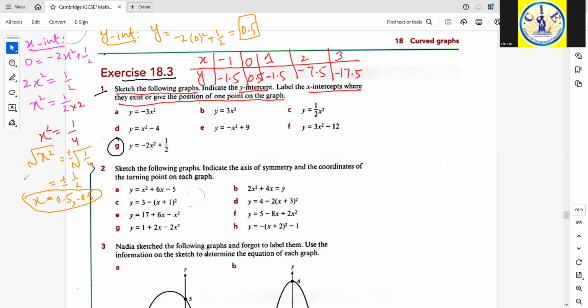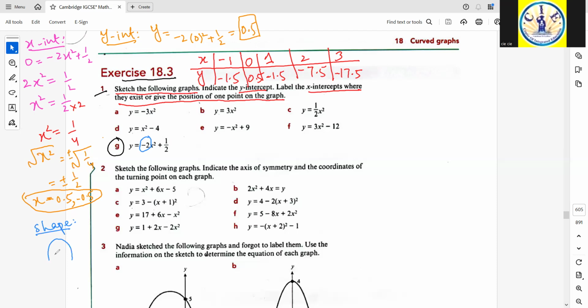Okay, now we are done with this. Secondly, since the equation has a negative coefficient of x squared, which is negative 2, its shape is going to be like this.